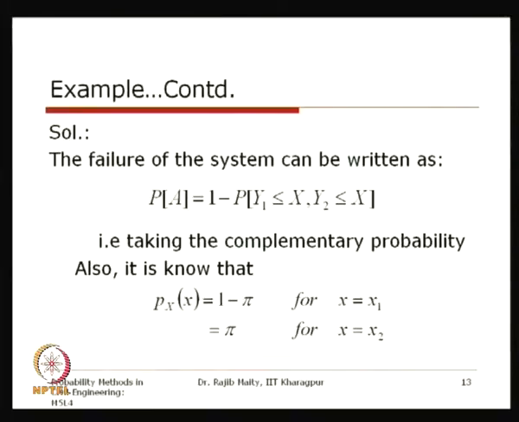To solve this, the failure of the system can be written like this. This is the event A that we have declared. As I told, y1 should be greater than x, that is the supply. This type of random variable is generally called dichotomous.